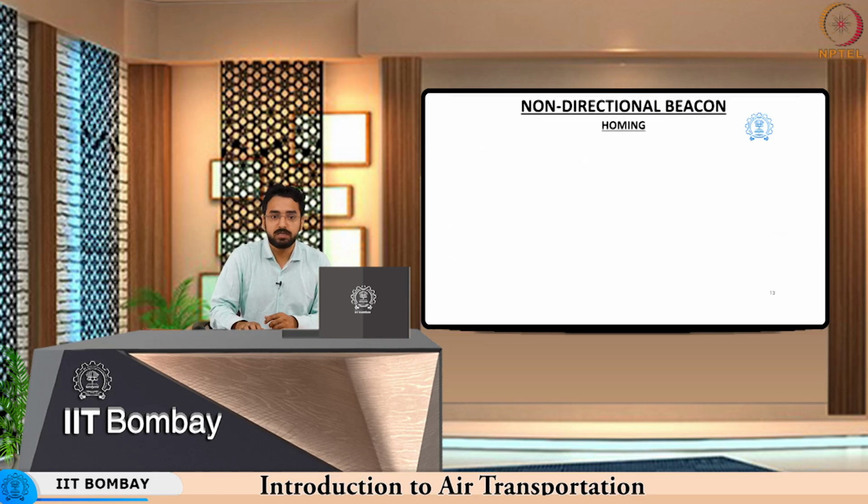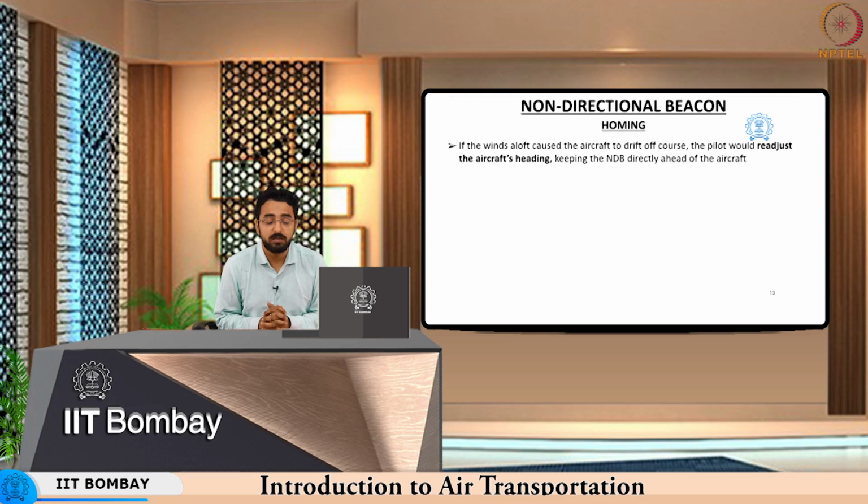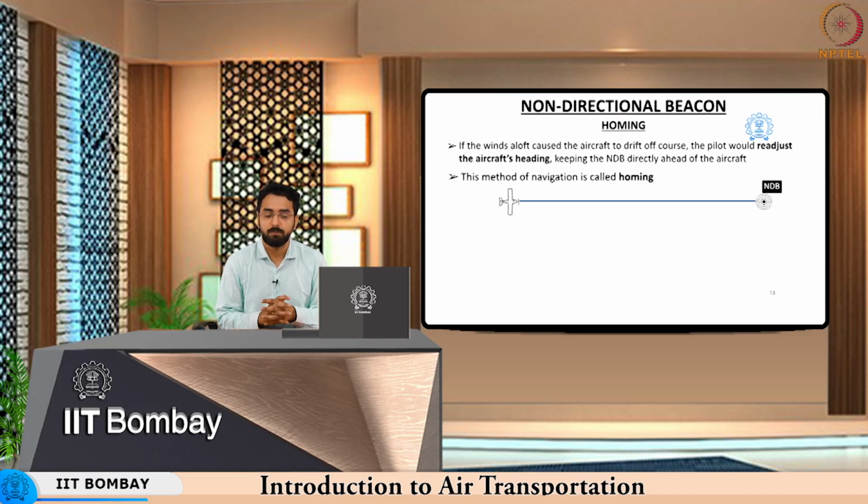There is one more usage related to the non-directional beacon, that is called homing. In order to understand this process, suppose there is a true course that has been planned by the pilot between his current location and the predetermined NDB location.